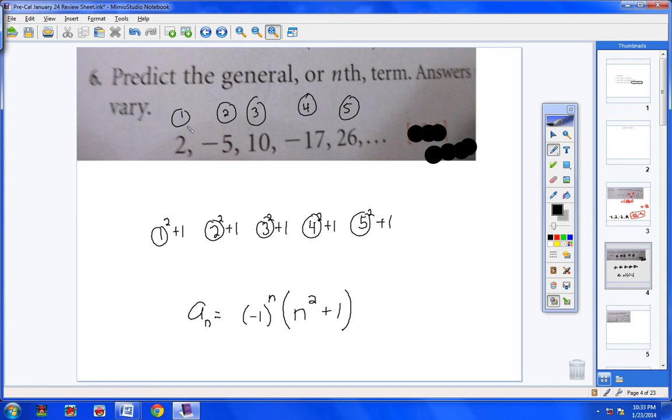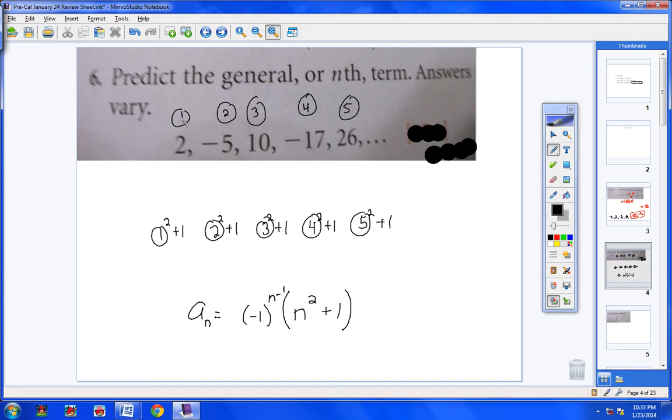If I put a 1 in for n, watch carefully, -1 to the 1 power is a -1. And that means I would get out a -2, and I don't want that. So instead of putting an n right here, I'm going to put n minus 1. Actually, you could put plus 1 too if you want to, either way, n minus 1.